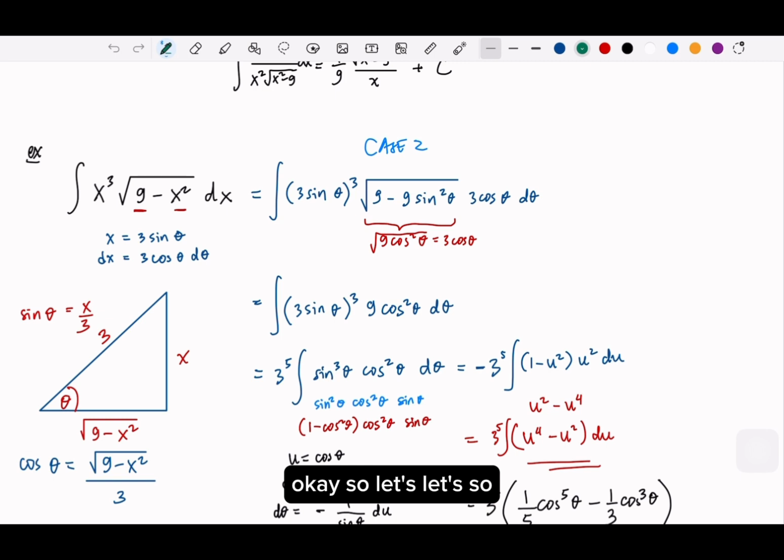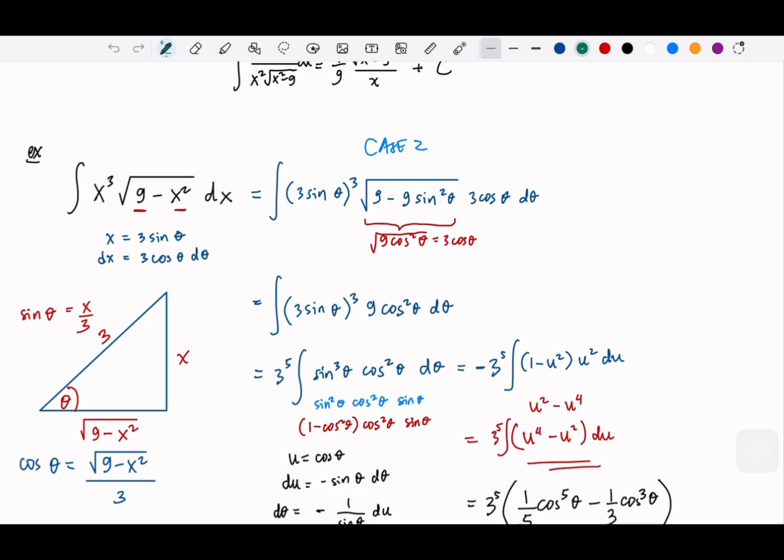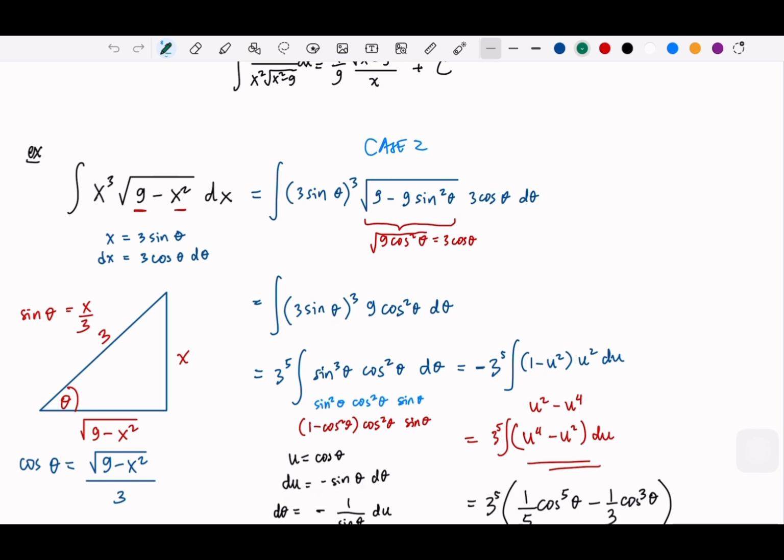Okay. So let's change all into u. So this will be 3 with power of 5. This will be 1 minus u squared, 1 minus u squared.